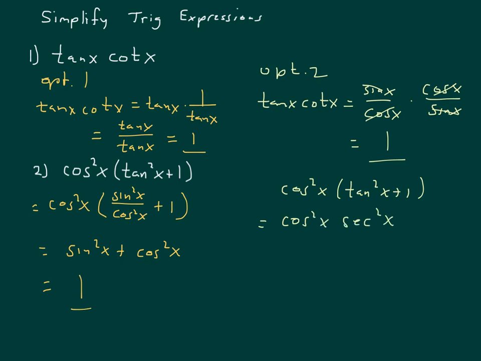And again, by the reciprocal identities, secant is 1 over cosine, so secant squared would be 1 over cosine squared. So I get cosine squared x times 1 over cosine squared x, and when you multiply that out, I get 1.